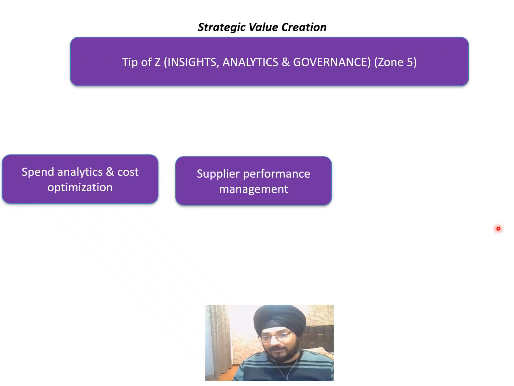Supplier performance management: how suppliers are performing, whether my categorization of suppliers is appropriate or not, whether all my suppliers are agreeing to the contractual terms or not, if some course correction needs to be done, and whether we are receiving all the information from suppliers on time. So all this analysis is done to get this insight.